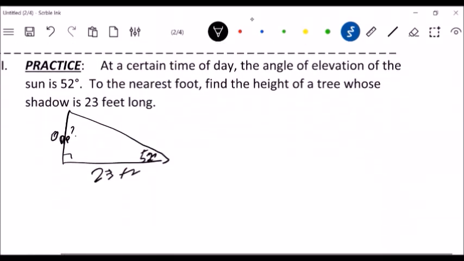All right. So we have the same type of thing as before, that the tangent of 52 degrees would be the opposite amount, or in this case the height, divided by the adjacent 23 feet. So we multiply both sides by 23, and it cancels out on the right and moves to the left.